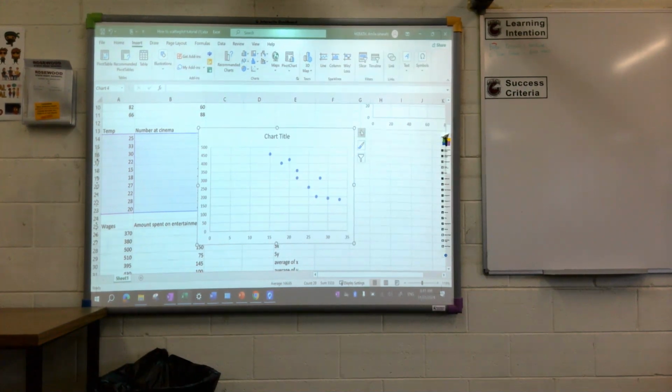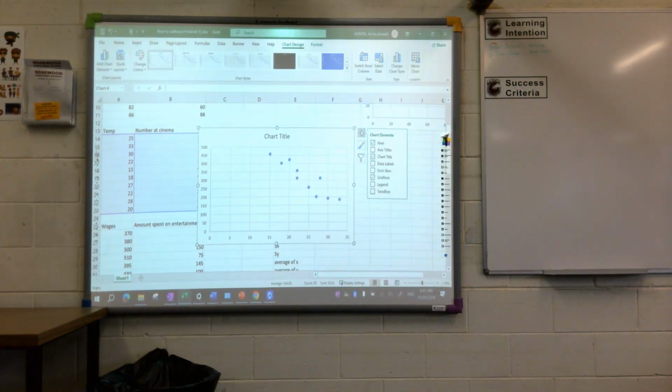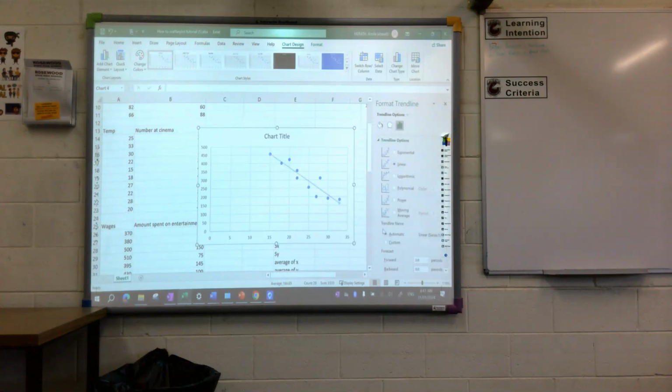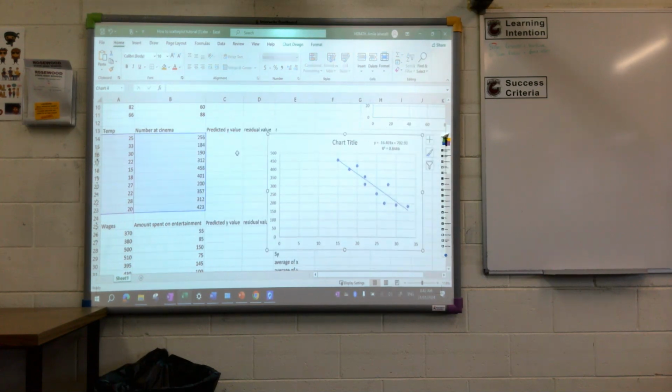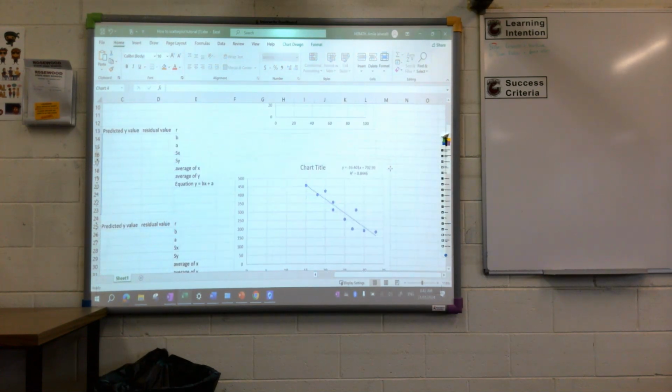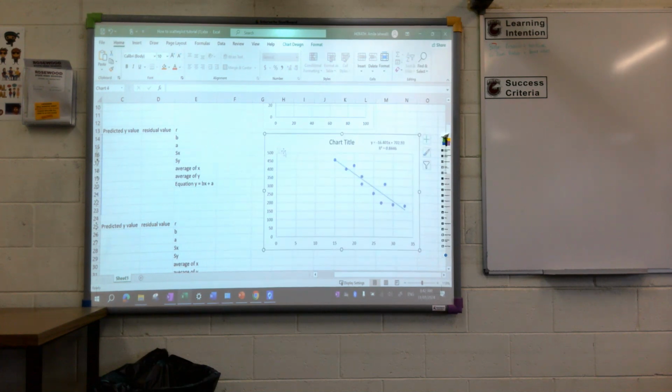Next we go to trend line, more options, and we want a linear trend and display the equation and the R squared value on our graph. I'm just going to move this over here.